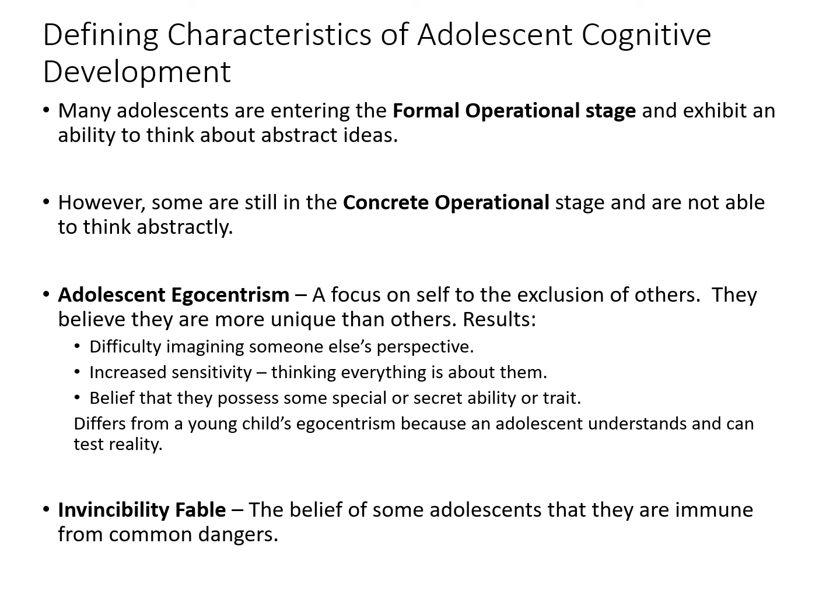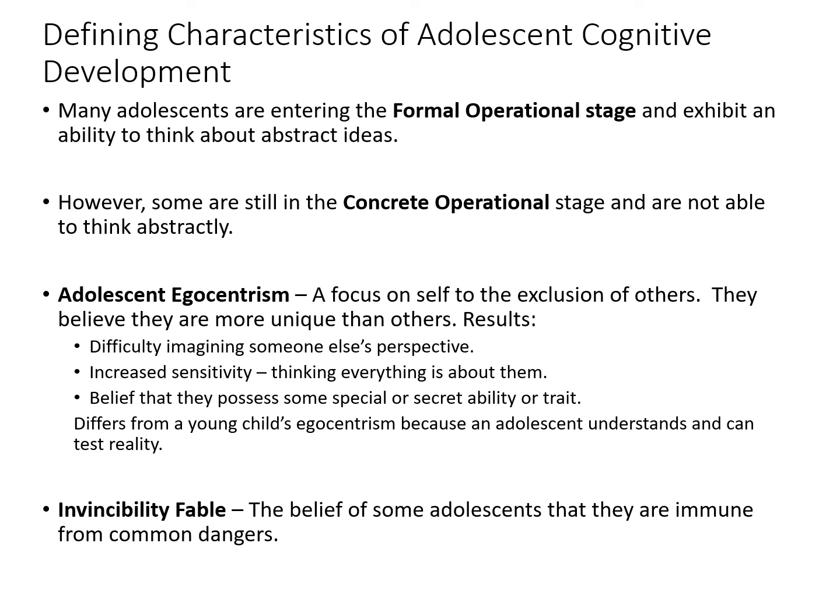They may think everything is about them. They may constantly believe that people are talking about them or the focus is on them. They may believe that they possess some special secret ability or trait. I often think this is one of the reasons that the book series Harry Potter was so popular. Think about it. It was about a young adolescent boy who became a wizard.